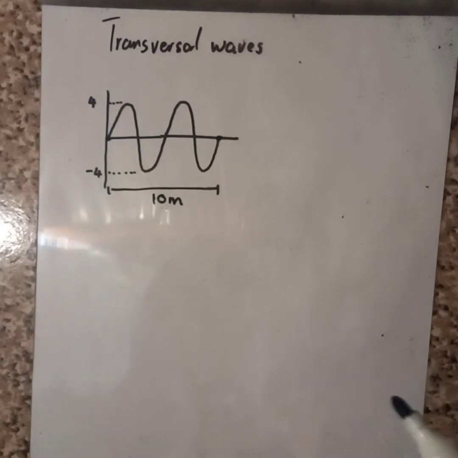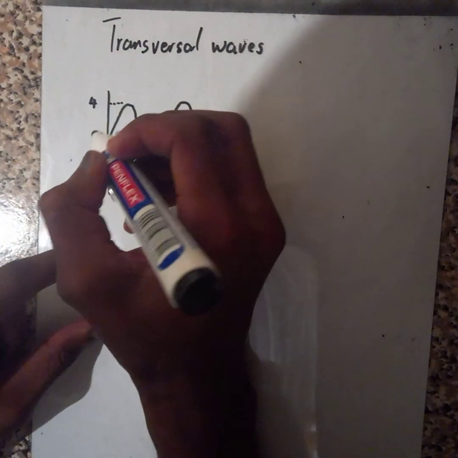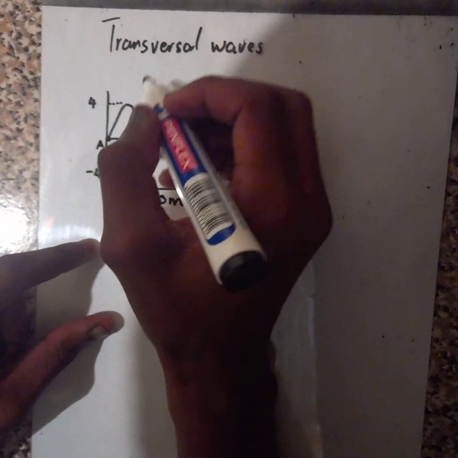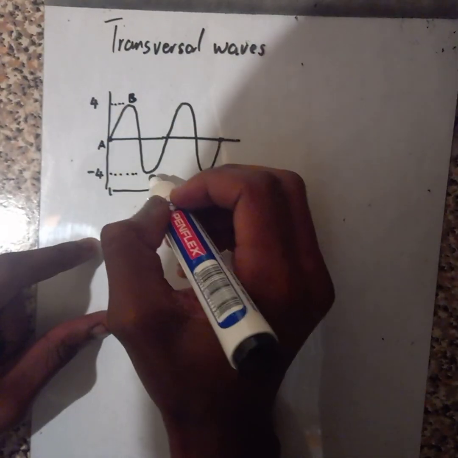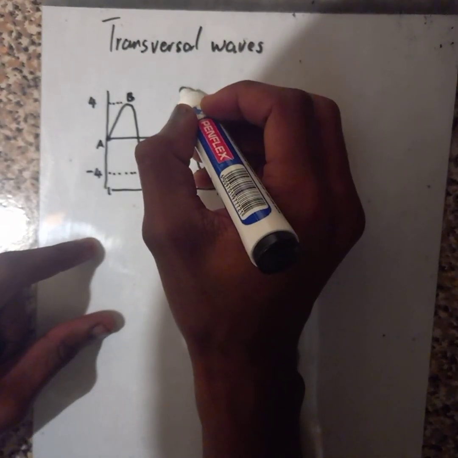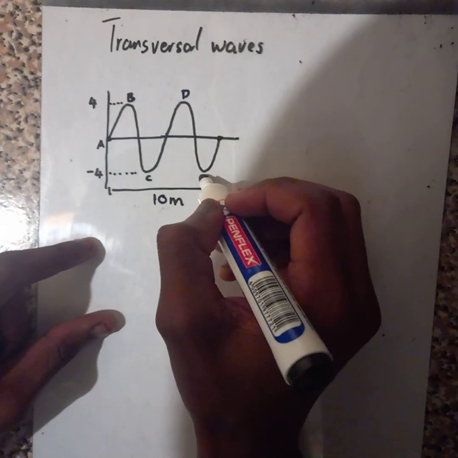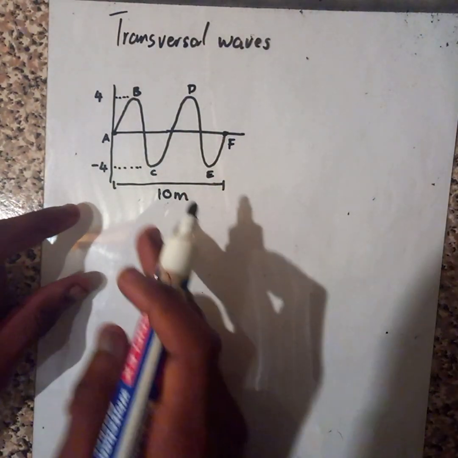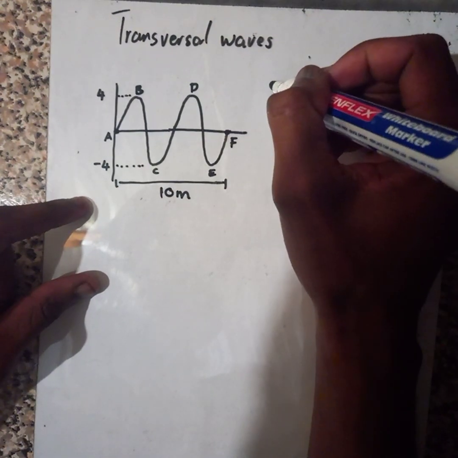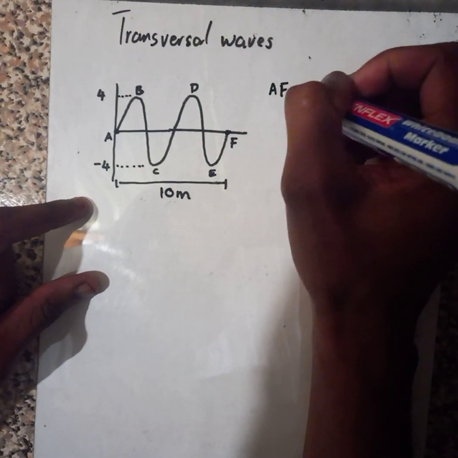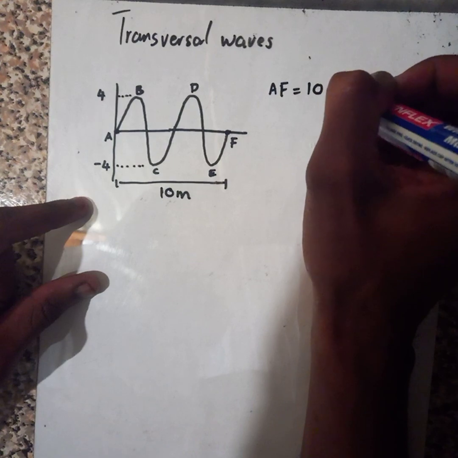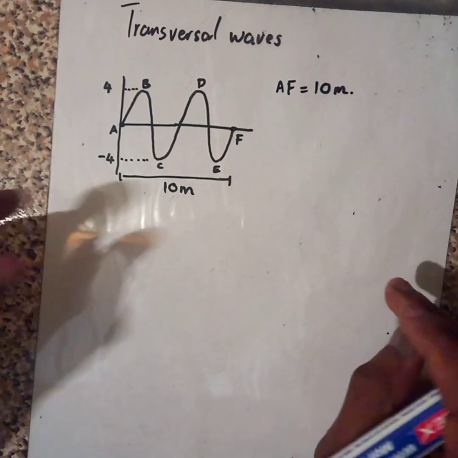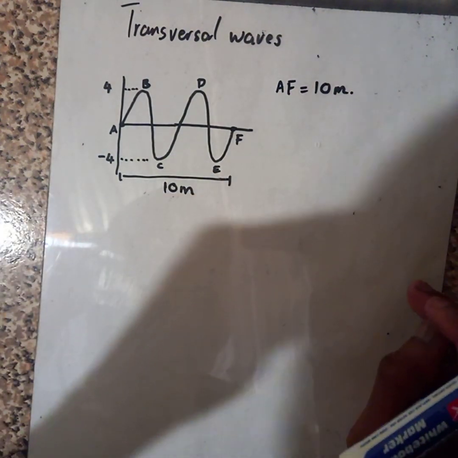Then I ask you, say we have A, B, C, D, E, and F. Then from A to F, we have 10 meters.